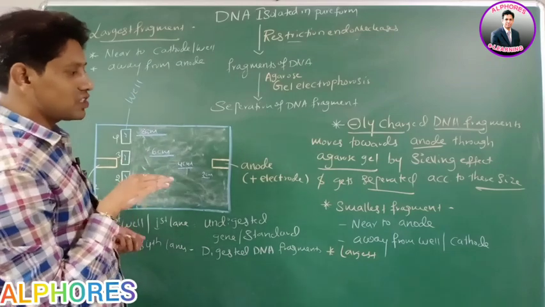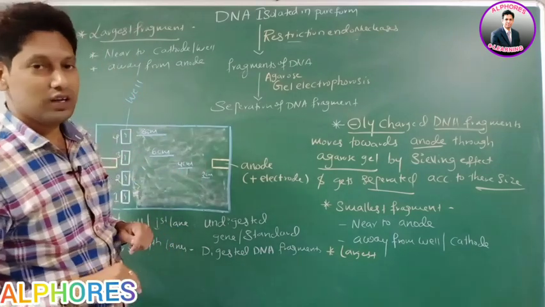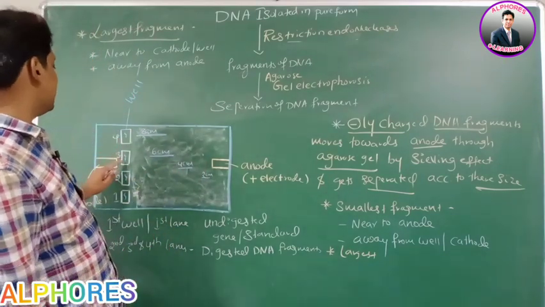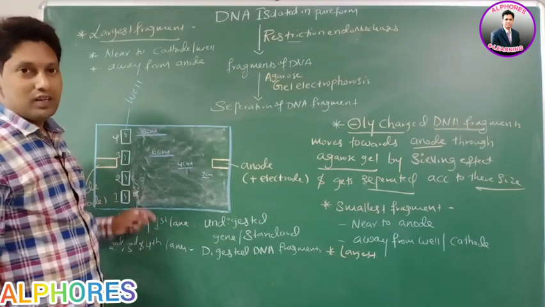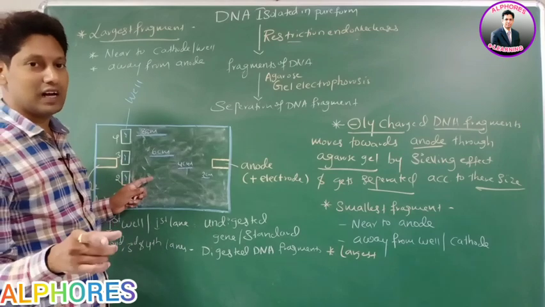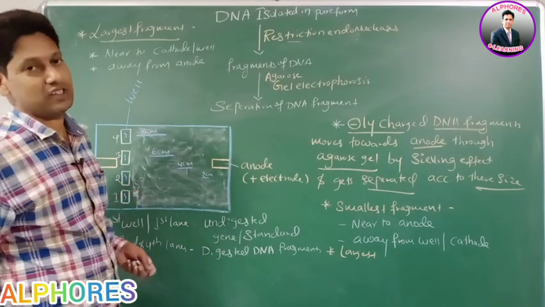Why is the smallest fragment near to the anode? Why is the largest fragment near to the cathode? Listen to this statement. Smaller the size of the fragment, faster is its movement.